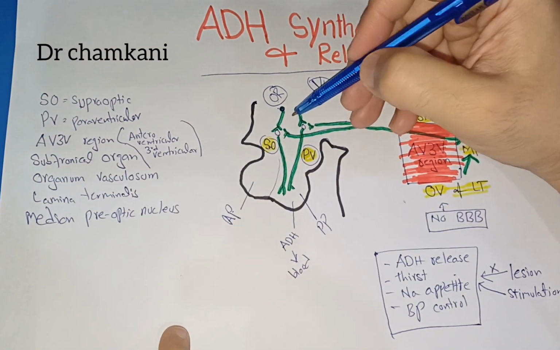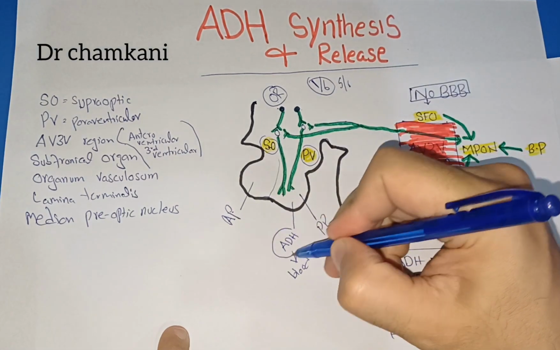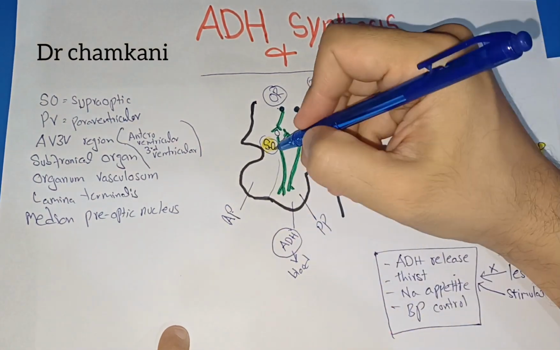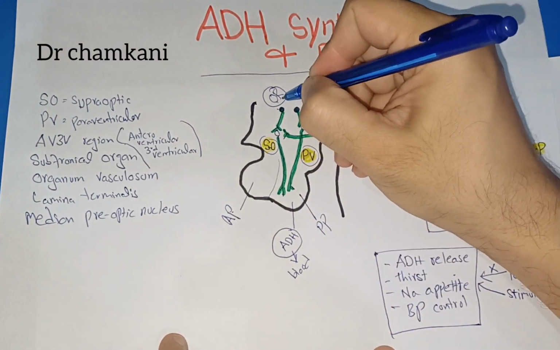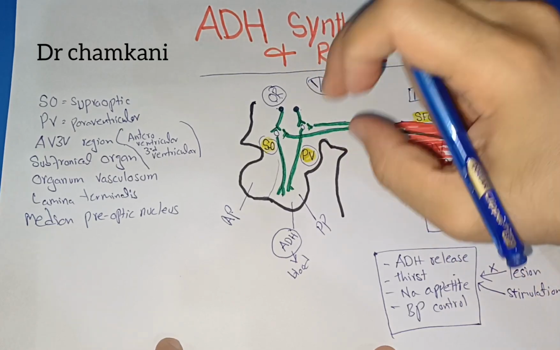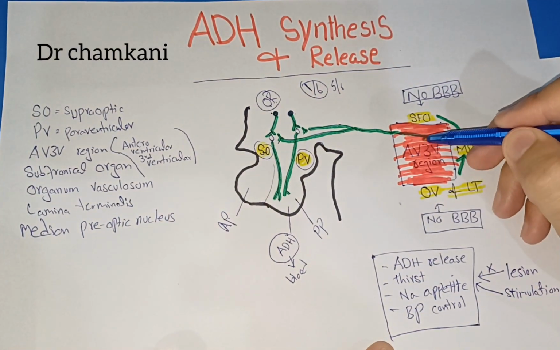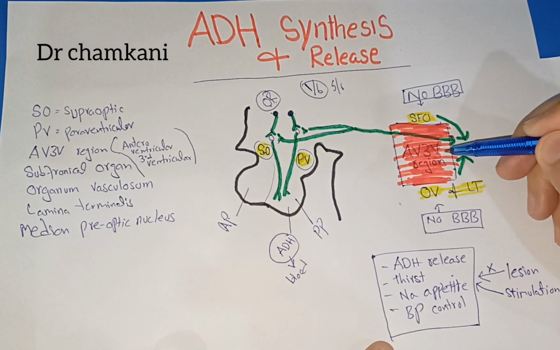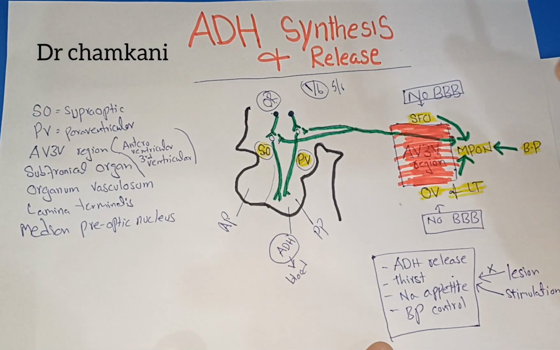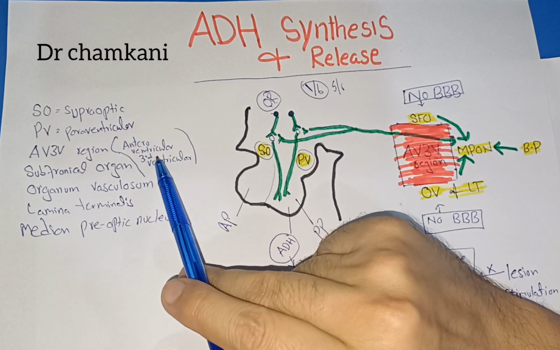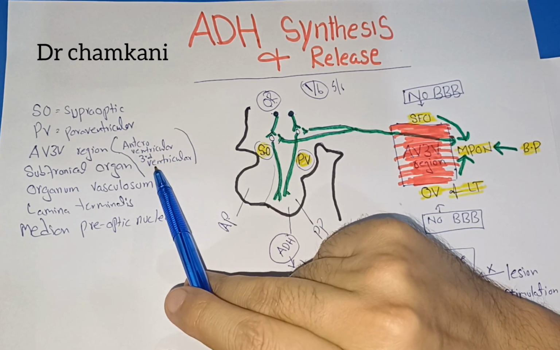Now, not only is the release of this ADH from posterior pituitary dependent upon the signals coming from the osmoreceptors in the hypothalamus, but it is also dependent on stimulation of another area that is known as the AV3V region. This AV3V region is present in the anterior ventral region of the third ventricle.